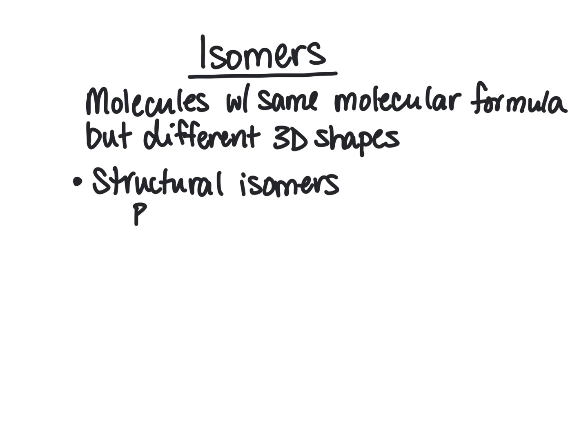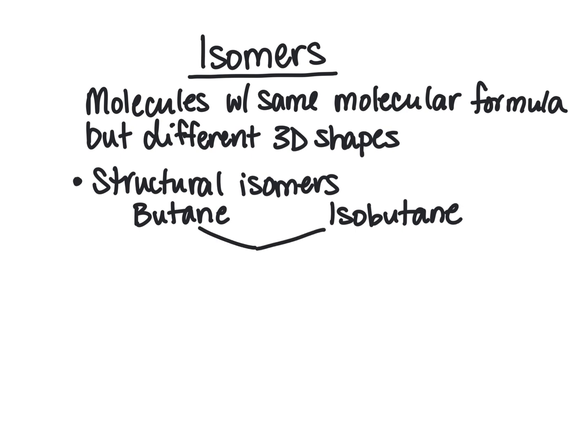We have butane and isobutane. Both of these have the molecular formula of C4H10. So both of these have 4 carbon atoms bonded to 10 hydrogen atoms. But the way these atoms are bonded together are different.